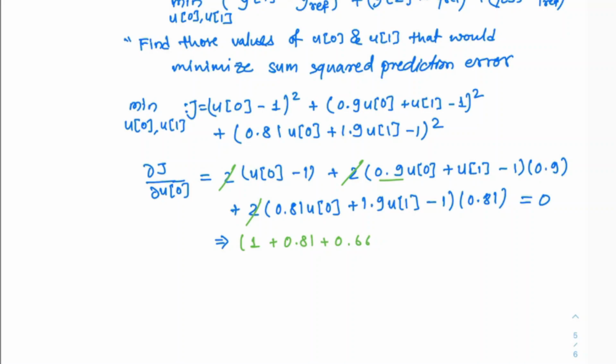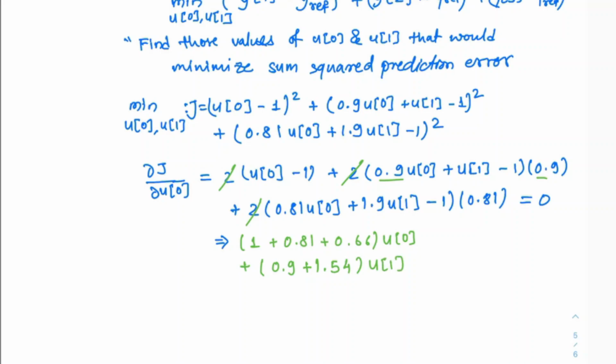So let's stick to 0.66, into u0, plus let's take the factors of u1. Here we have 0.9, then 1.9 into 0.81, so this will come out to be 1.54, into u1.